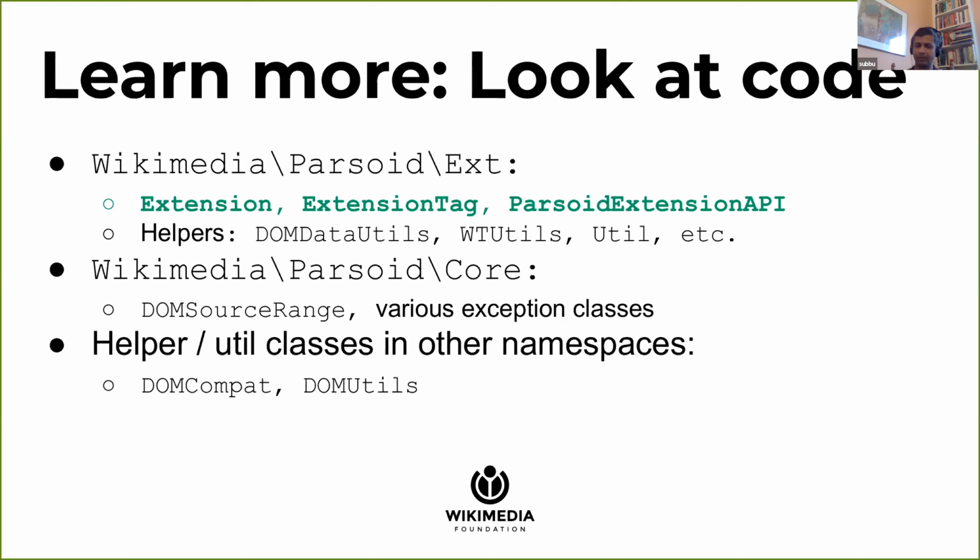There are also a bunch of helper classes, DOM data utils, Wikitext utils, etc. And there are also a couple of core Parsoid classes, which I didn't cover in this talk, but you'll find information in documentation on wiki in a couple of weeks. And there are also a couple of helpers, which I mentioned, like the DOM compat layer on top of libxml, and also DOM utils, which are generic utilities for dealing with the DOM.